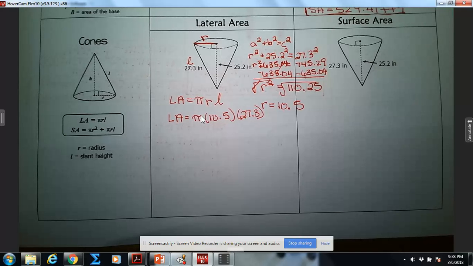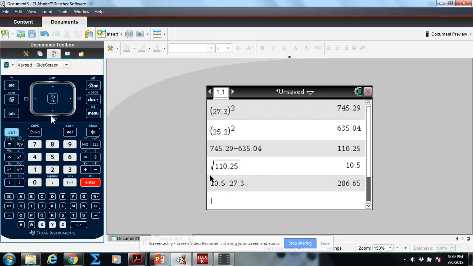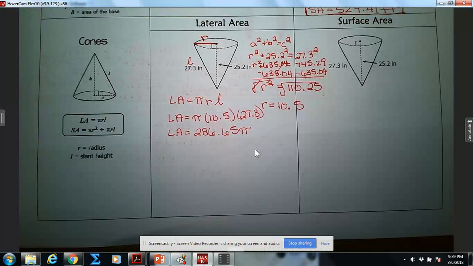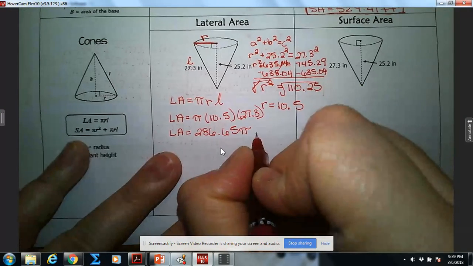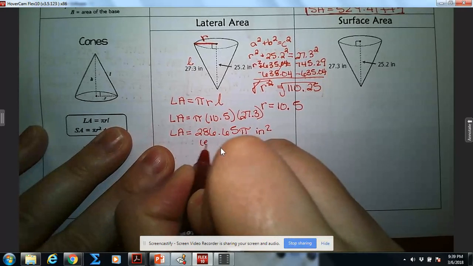To find the exact value, I'm going to type in 10.5 times 27.3, and I'm going to leave pi out. 10.5 times 27.3 is 286.65, and pi is still part of the number. We have not yet multiplied by pi. This is our exact value.